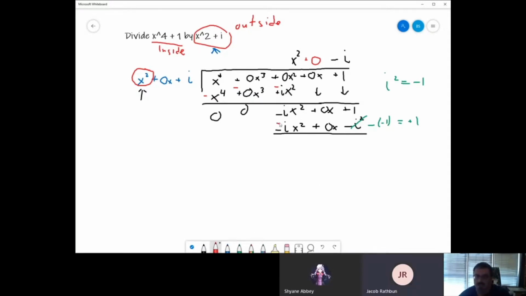That means this is a plus, this is a minus, and this plus 1 is actually now a minus 1. So 0, 0, plus 1, minus 1 is 0. So our final answer, x squared minus i.